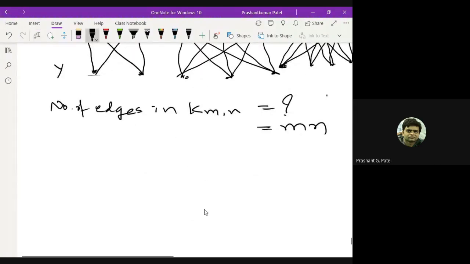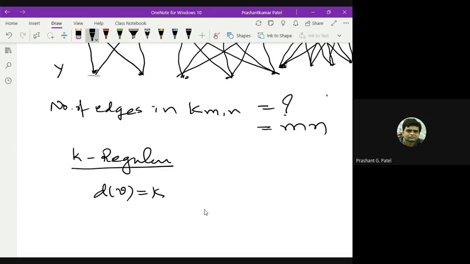Now the next definition is a regular graph, or I can say K regular graph. There are a few definitions left. We'll finish with this. K regular: a K regular graph is one in which the degree of every vertex is fixed, K. Such a graph is known as a K regular graph.